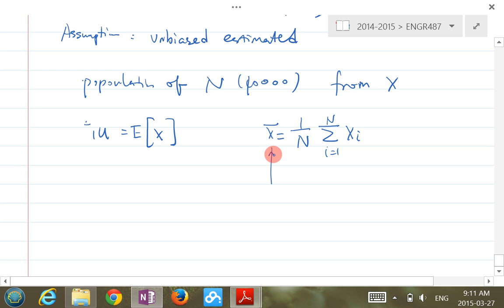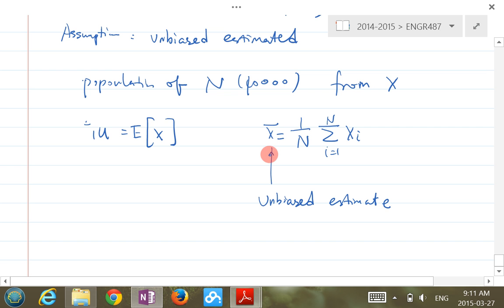And you can prove that this is called an unbiased estimate. Why is this an unbiased estimate? This is one way you calculate the mean, based on these 10,000 samples. You do another trial, create another 10,000, you get another x bar.